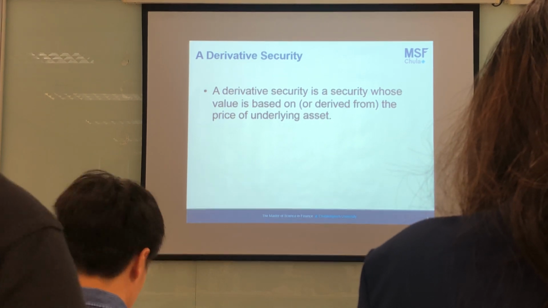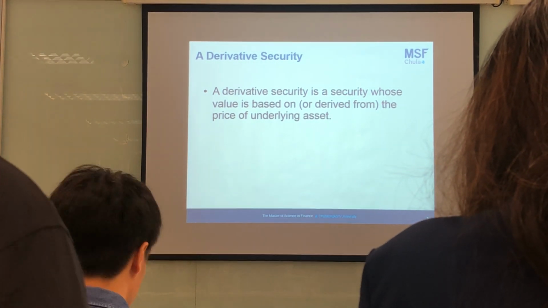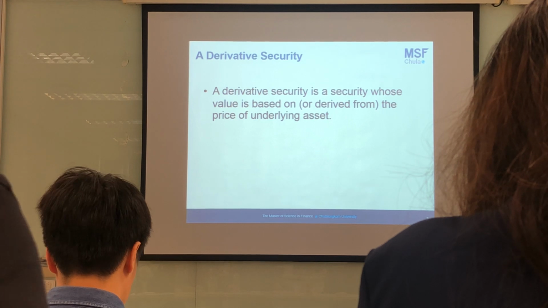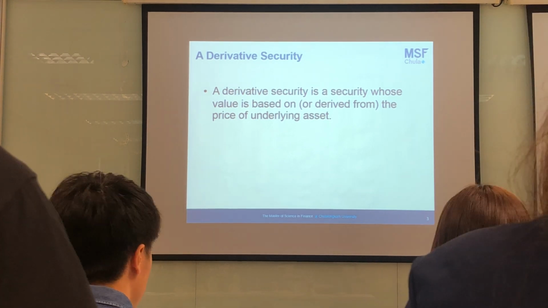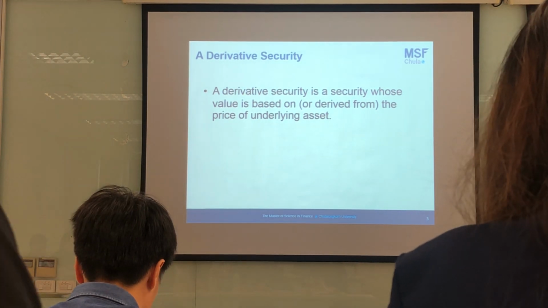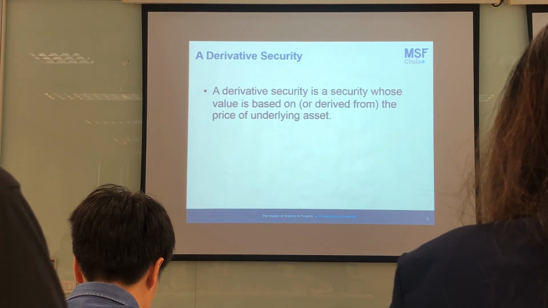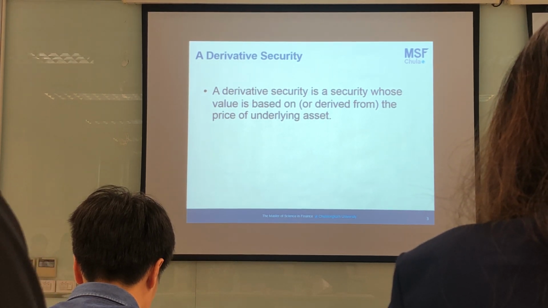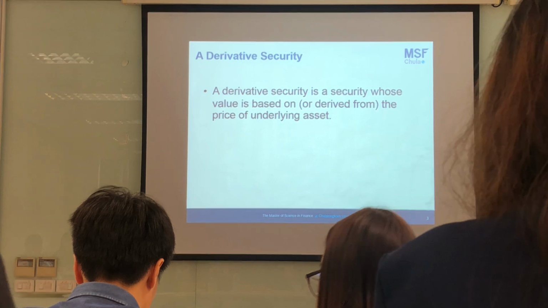If you read this sentence, you'll see that a derivative security's value is derived from, or depends on, another security, another asset. The asset that it relies on is called the underlying asset.